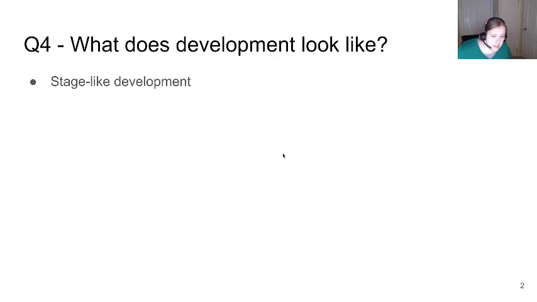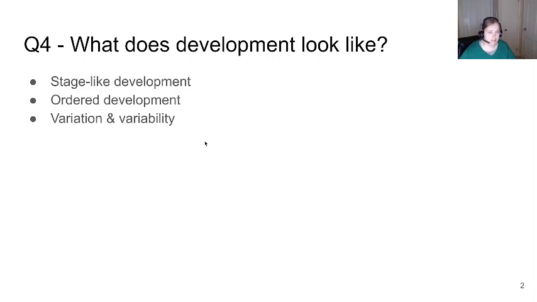So types of development that showed up in this section are stage-like development, ordered development, and I'll give you some clues at the beginning of each of these slides when I introduce them, what those are. We will then compare and contrast them a little bit tighter when we meet on Monday. So variation and variability is another version of development.